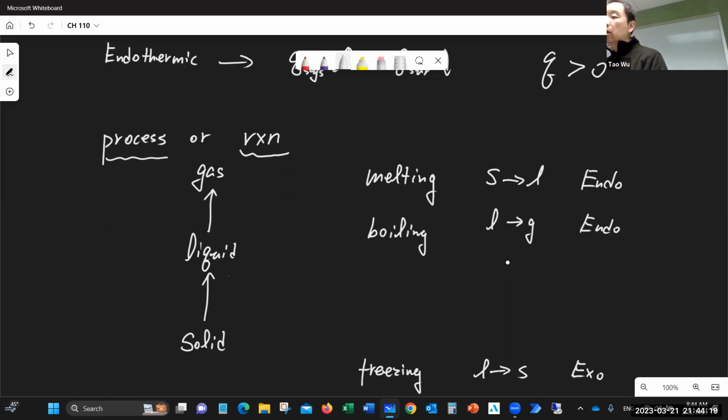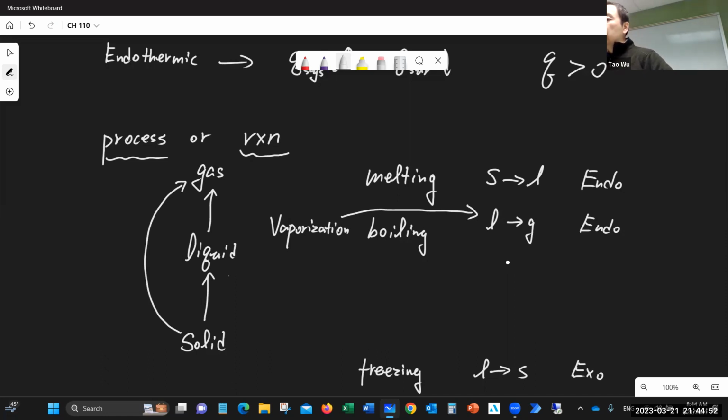We can also call this phase change not just boiling, but evaporation or vaporization. Vaporization means from liquid to gas. And then there's another phase change, which is directly from solid to gas.